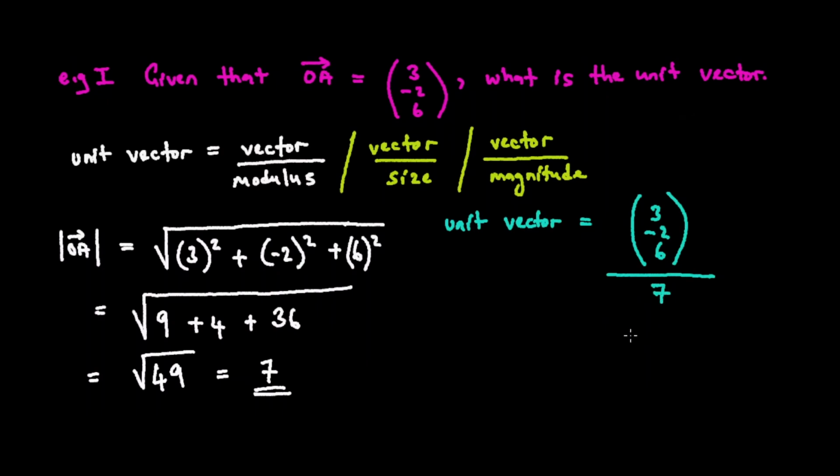Now from here what we do is convert that division case into a multiplication case. So what we simply do is say 1 over 7 is the scalar that is multiplying (3, -2, 6). That is what we do.